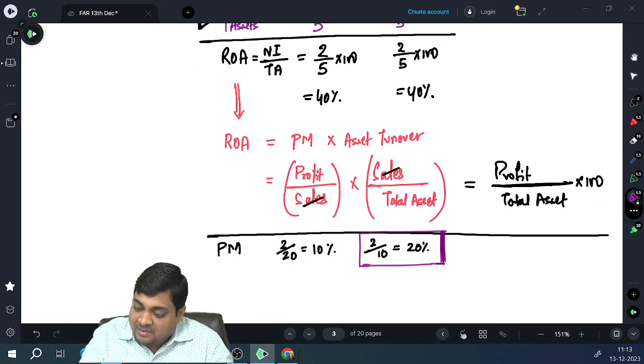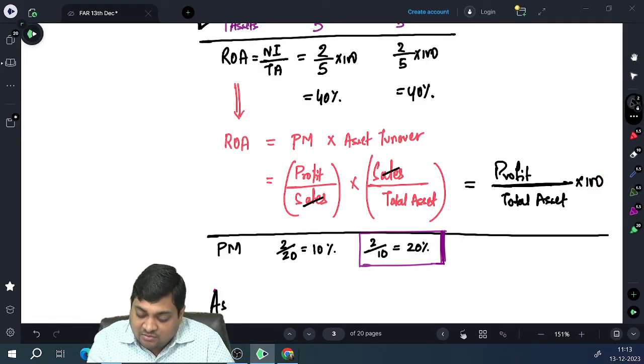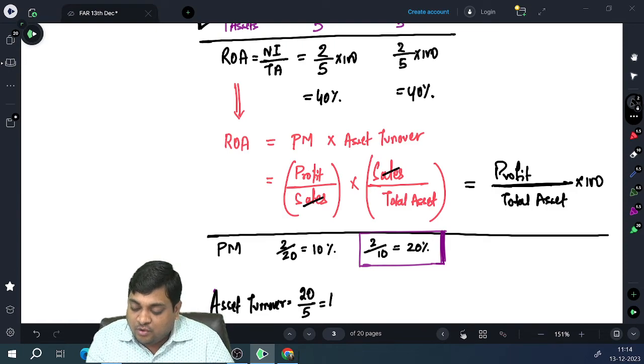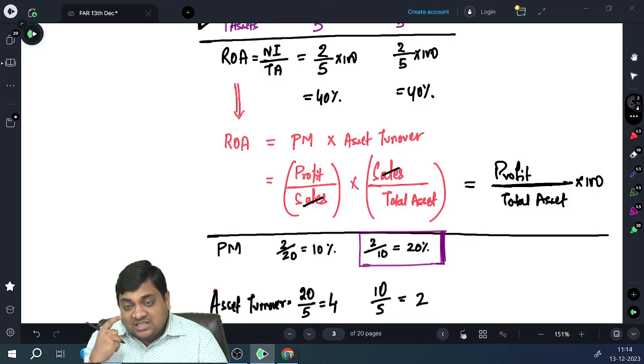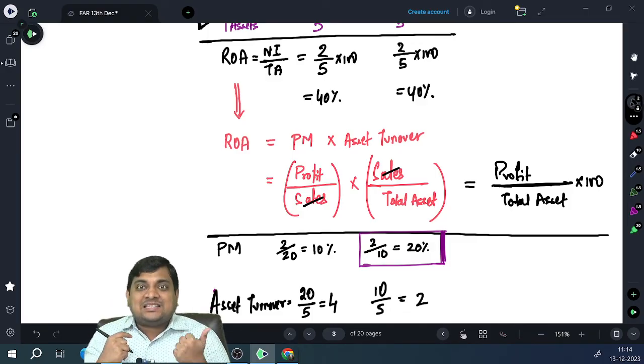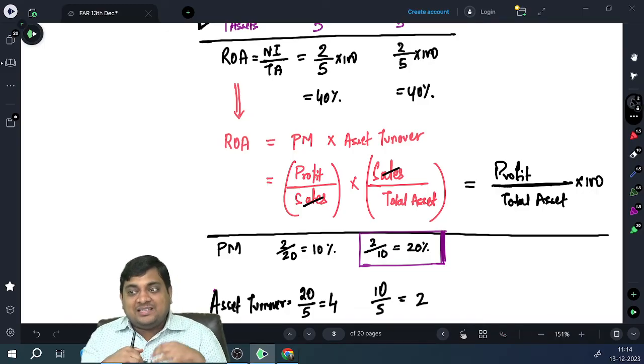Now the next ratio I'll be talking about is asset turnover. Let's talk about asset turnover, right? Out here you can see that 20 I have sold by investing 5, so 4 times, and out here I have 10 by investing 5, so that is 2 times. So now company B is unable to use its assets efficiently as compared with A. A is able to use its assets efficiently but unable to reach the optimum cost of production.